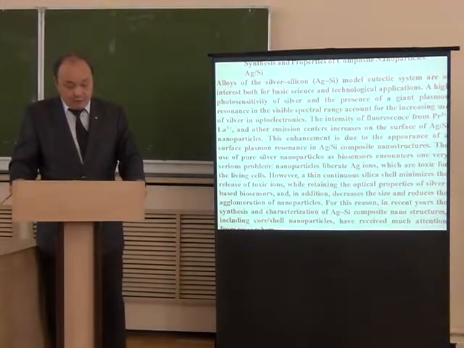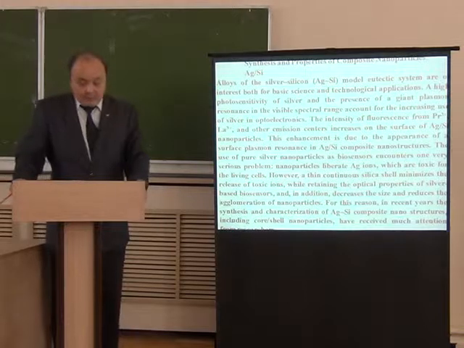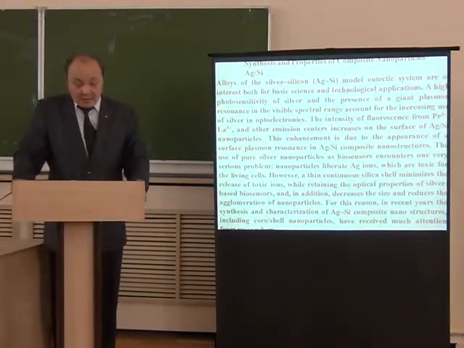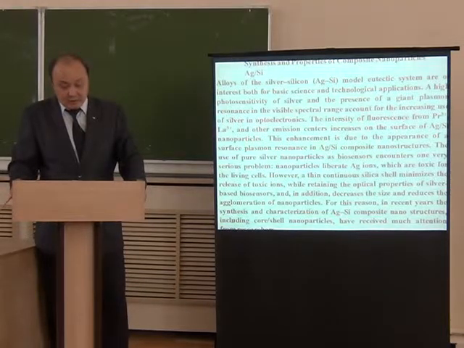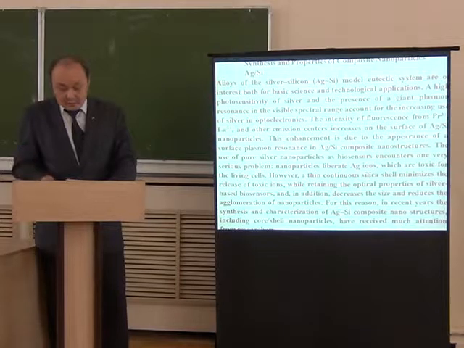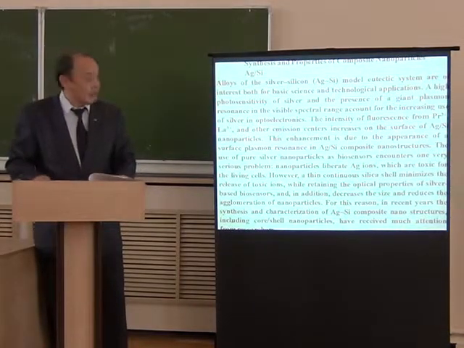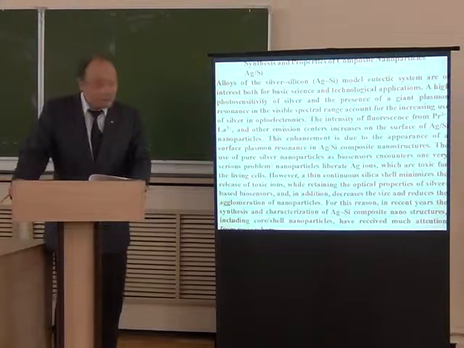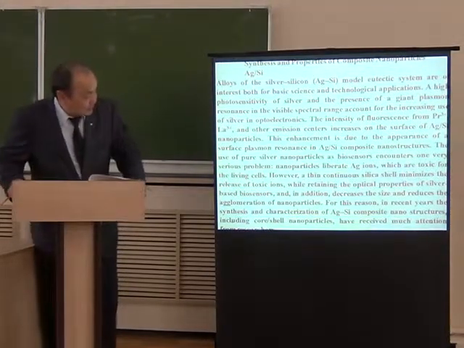The intensity of fluorescence from praseodymium 3+, lanthanum 3+, and other emission centers increases on the surface of silver-silicon nanoparticles. This enhancement is due to the appearance of surface plasmon resonance of silver-silicon composite nanostructures.